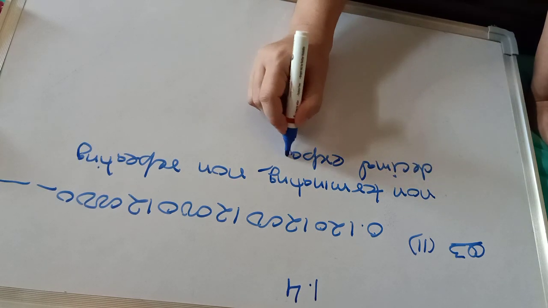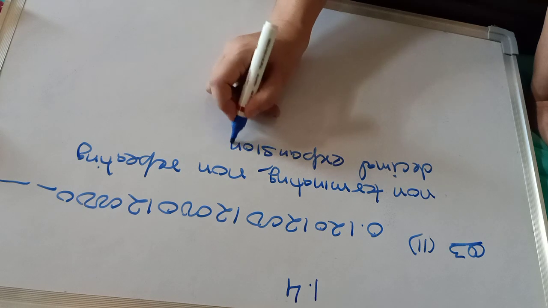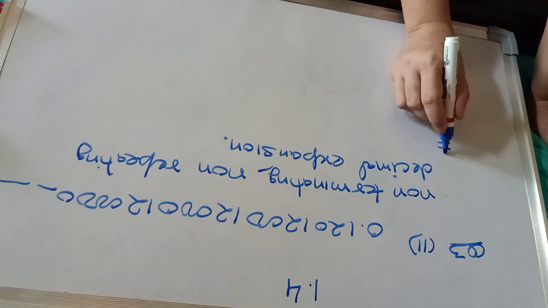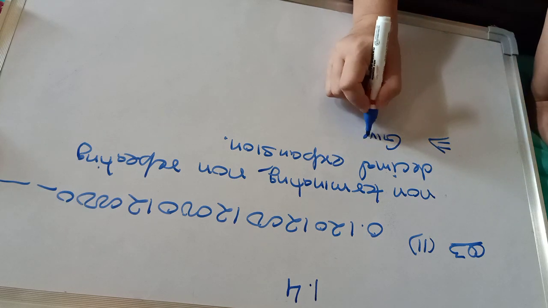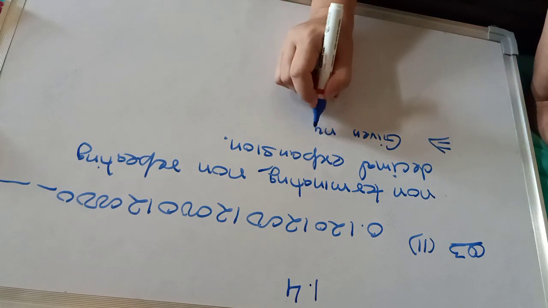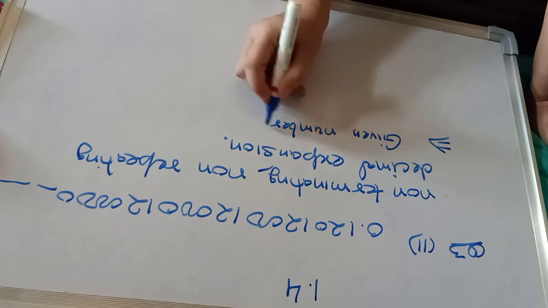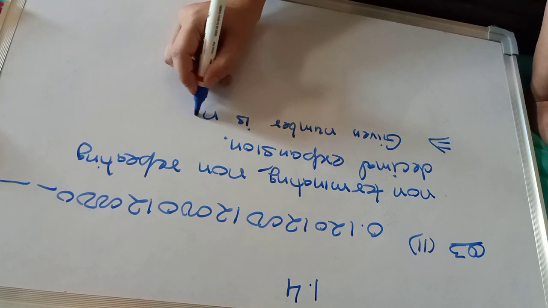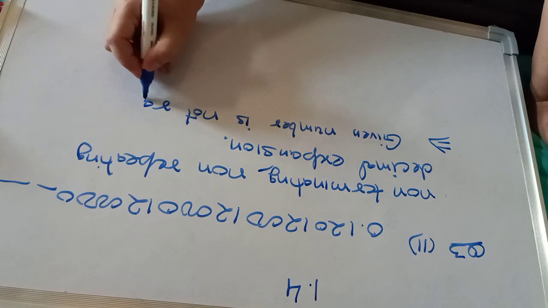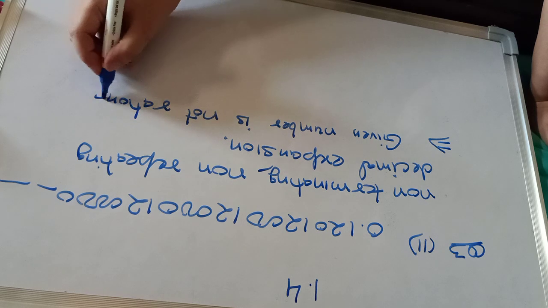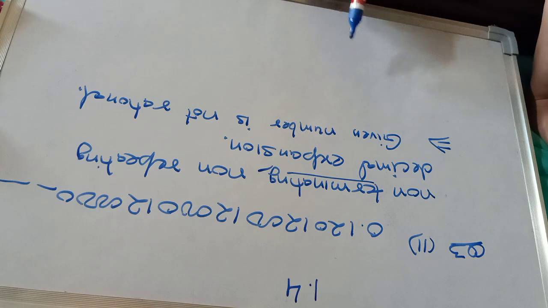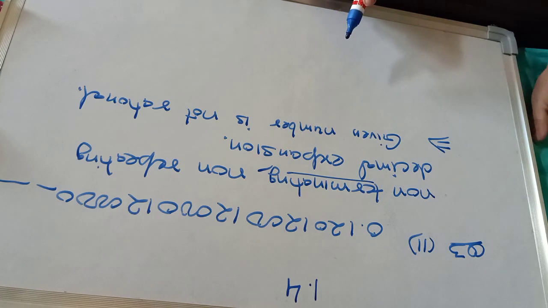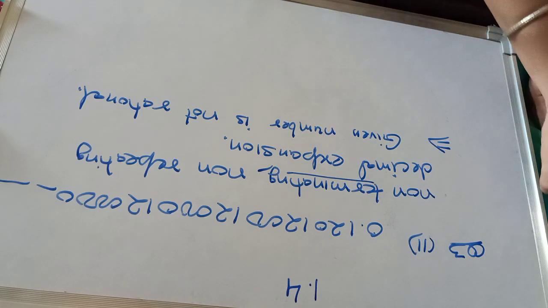And if it is non-terminating, non-repeating decimal expansion, it means the given number is not rational, because rational numbers have either terminating only or non-terminating but repeating decimal expansion.